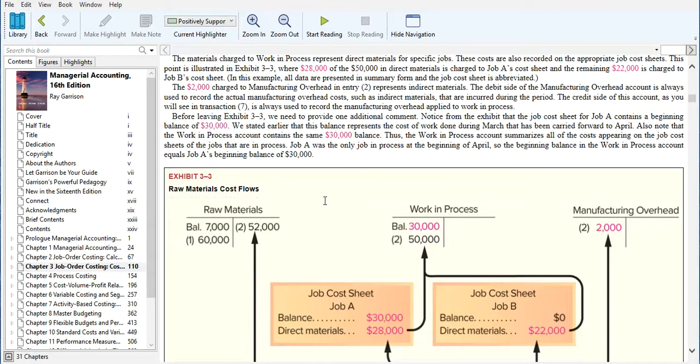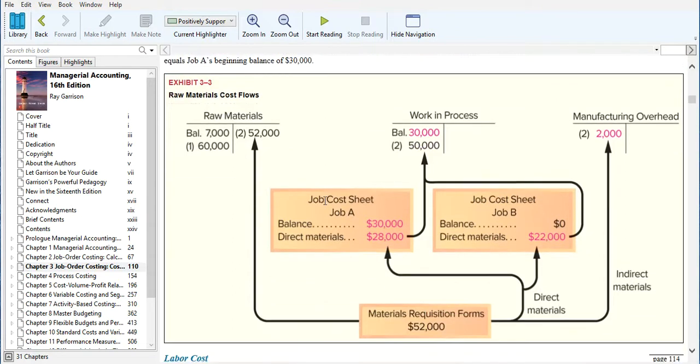What I really want to show you is this handout I gave you the other day, which shows the movement of the costs. In a manufacturing environment, you're going to have materials requisitions, which you prepare in order to get the materials you need for the jobs you're working on.